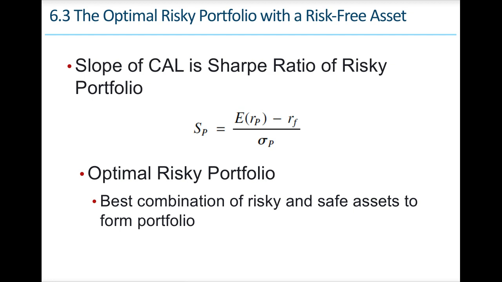So keep that in mind. In talking about the optimal risky portfolio with a risk-free asset, we can expand the asset allocation that we've been talking about to include a risk-free asset. So we're choosing a capital allocation between risky and risk-free portfolios. Investors naturally want to work with the risky portfolio that offers the greatest reward for assuming that risk.